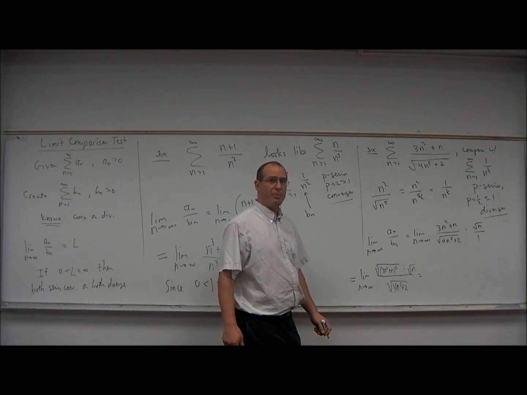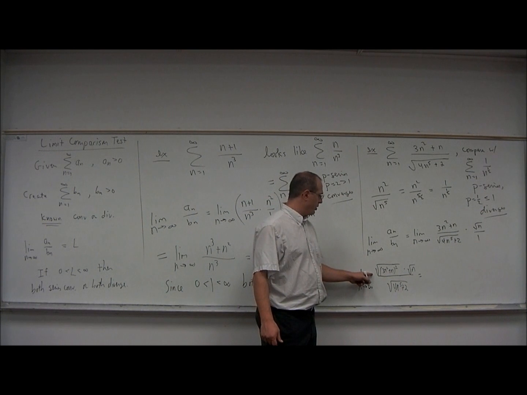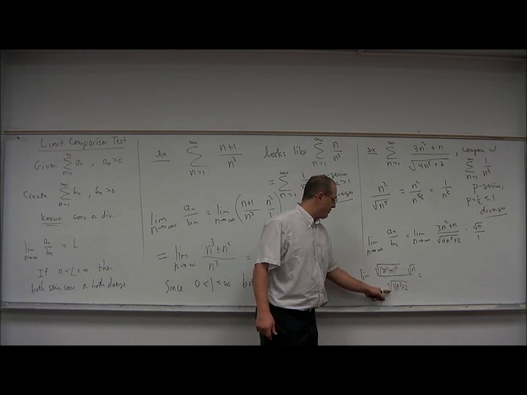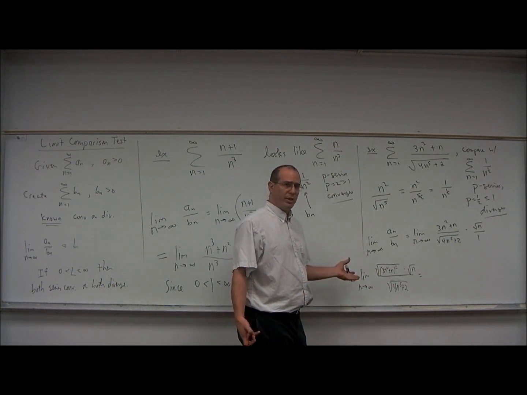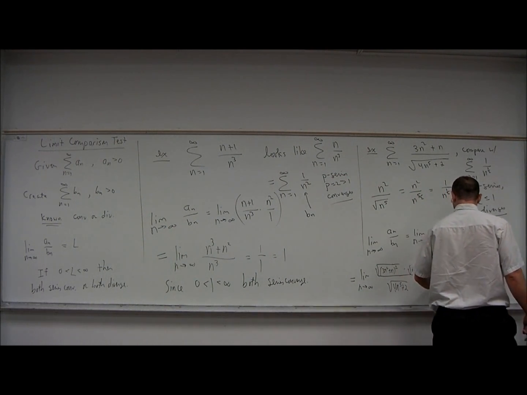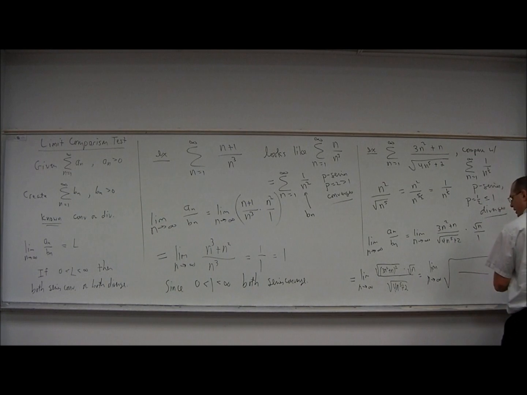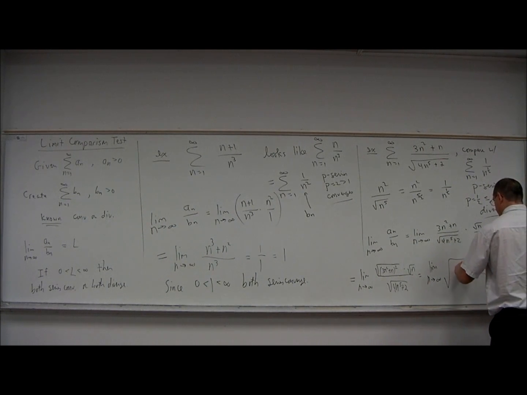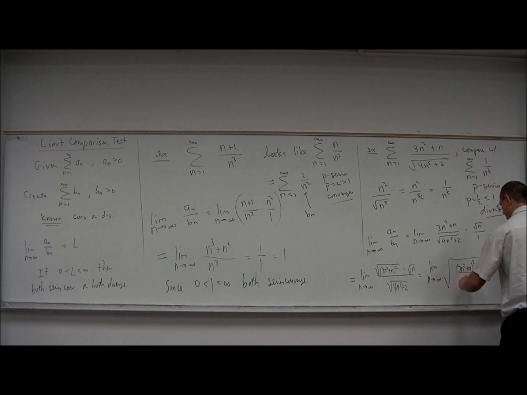So now using properties of square roots, I can replace these three separate square roots by one big one. So this is equal to the limit as n goes to infinity of the square root of the big quantity 3n squared plus n, quantity squared, times n divided by 4n to the 5th plus 2.